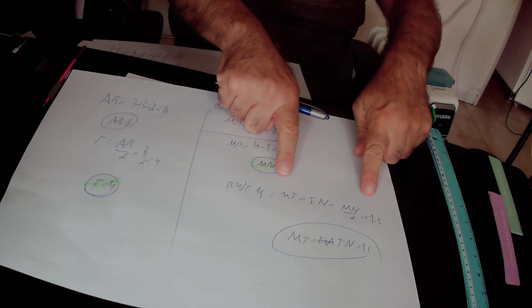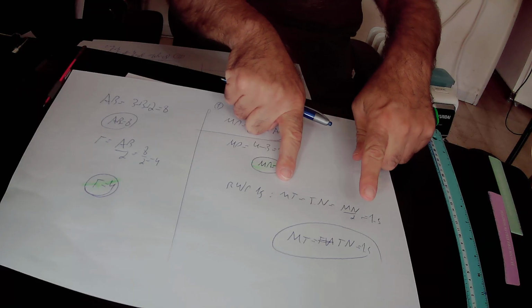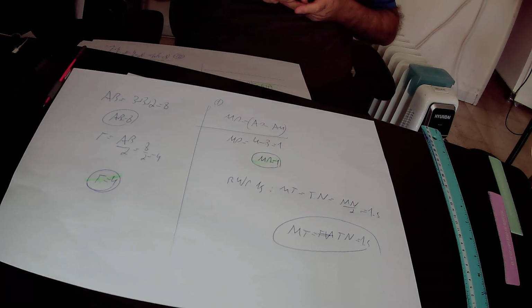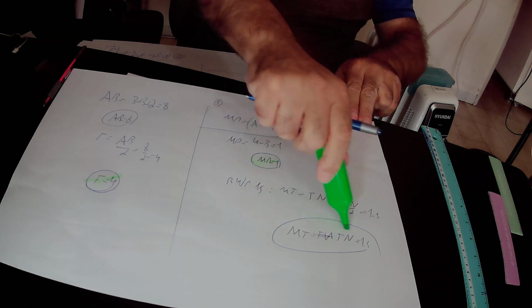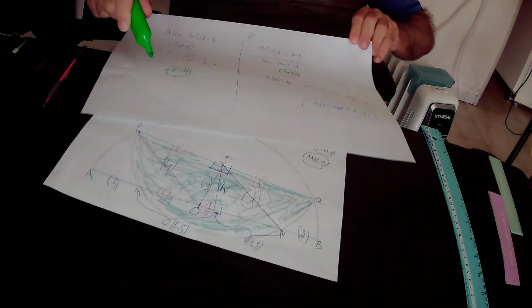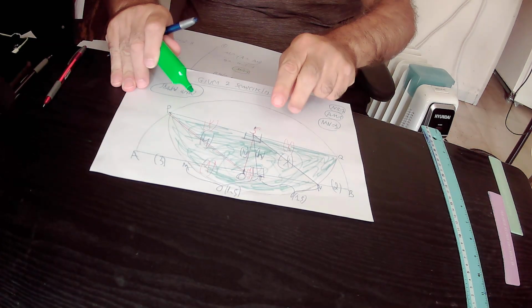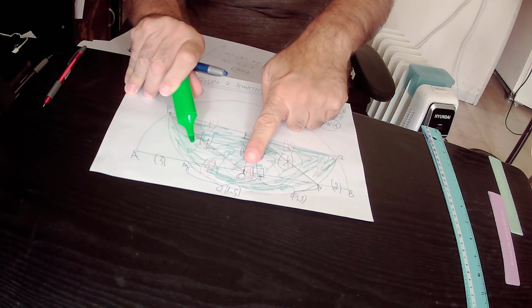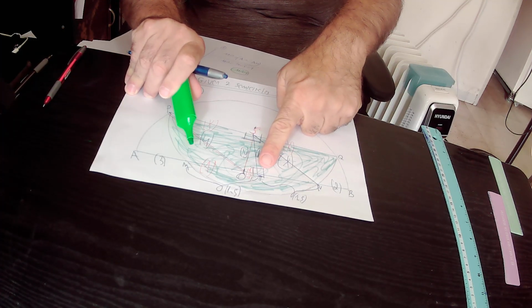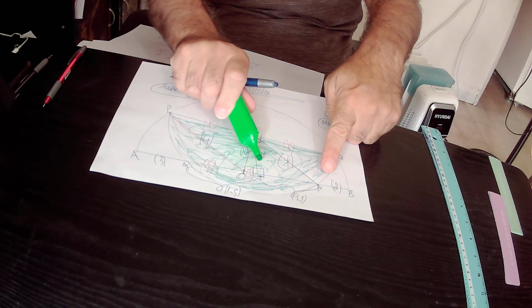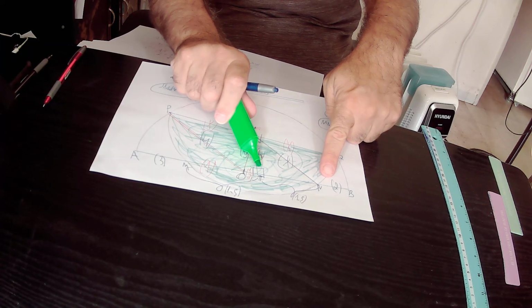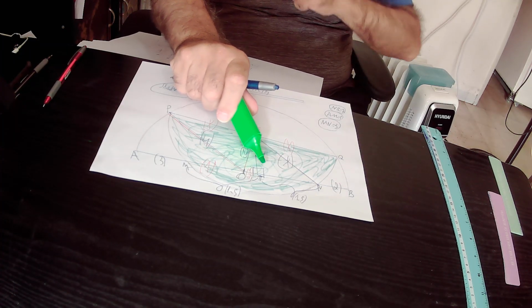From this equation, we have that MT equals TN equals 1.5. The first half MT equals 1.5, and the second half TN is also equal to 1.5 according to rule 15.